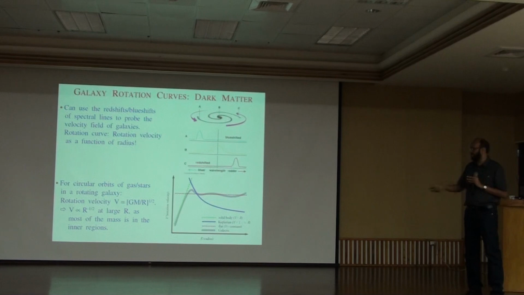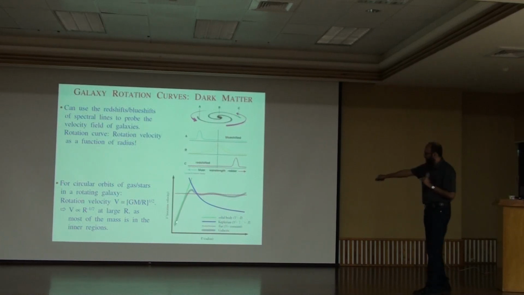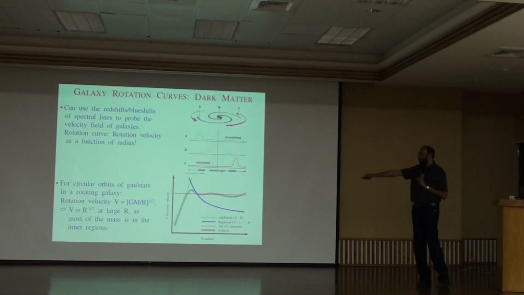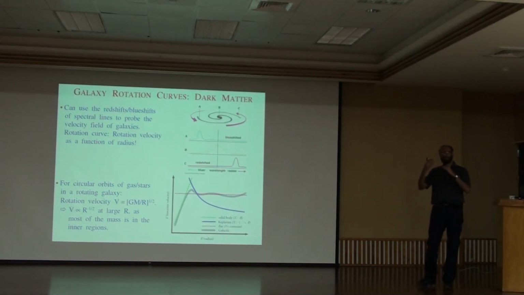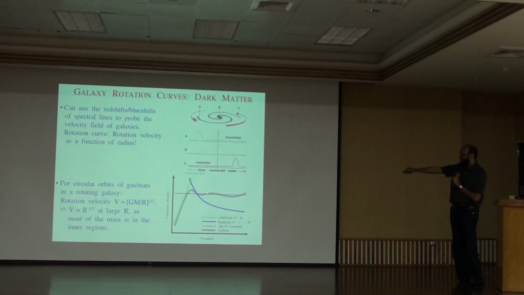It fits my theory over here. But what happens if I see this? The gray curve. Now I'm in trouble. Because all my visible matter, my stars, are in the center. I know this. I can observe that. But yet, this velocity is not falling like I expect. It's going flat.